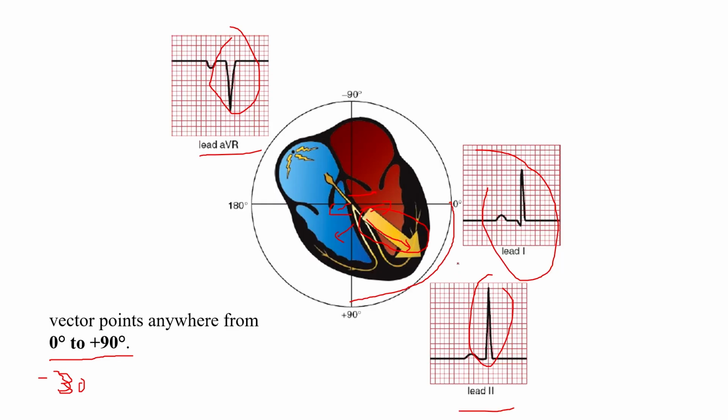By the way, we said the atrial depolarization has this vector and it's going left downward. But why do we see, for example, in case of lead 1, this negative deflection? We said that in case of depolarization, anything moving towards an electrode is making a positive deflection. But here we have a negative deflection. Do you know why?